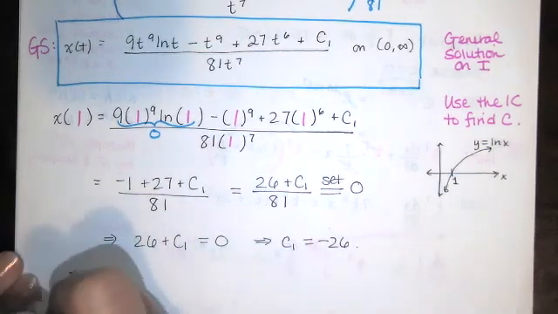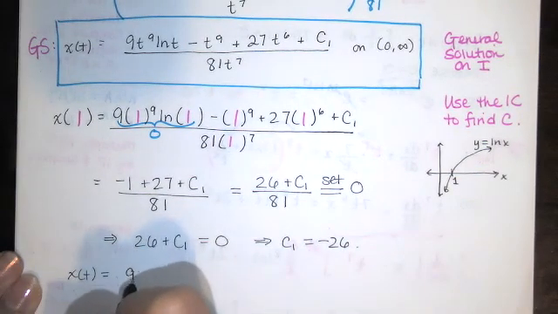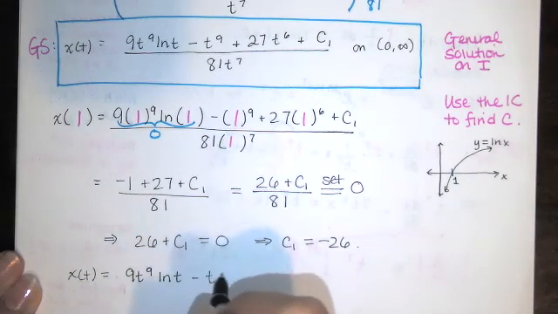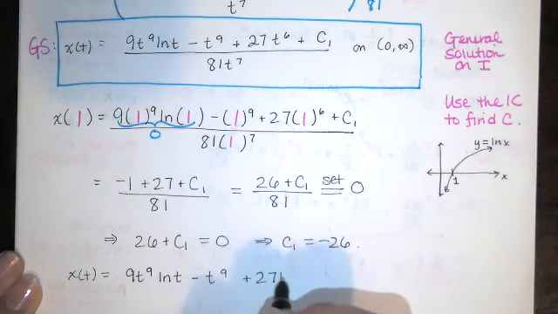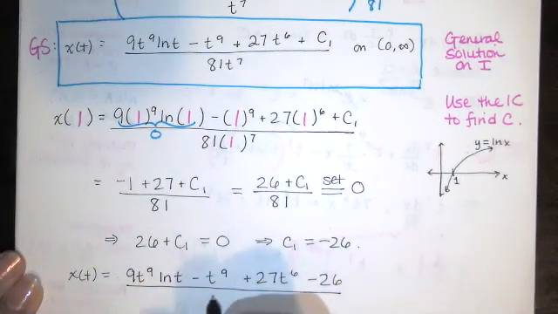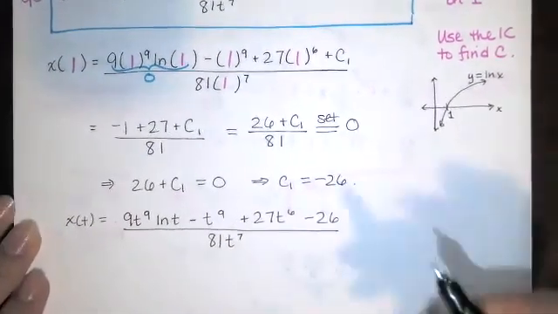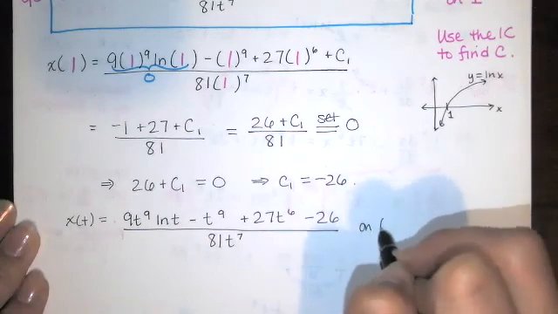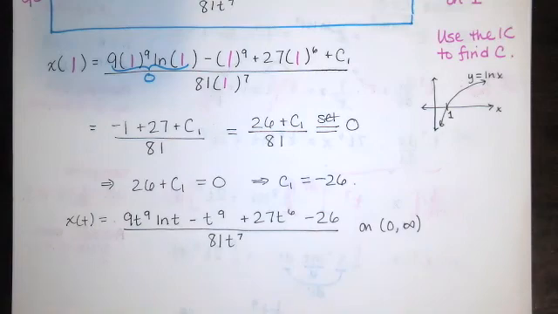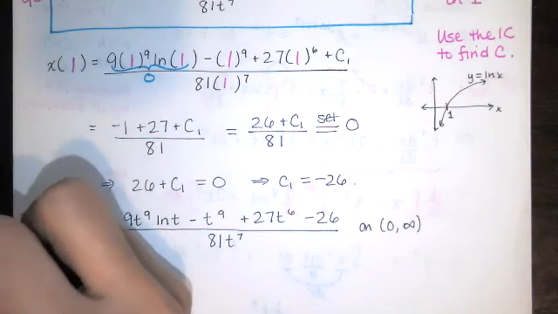Okay. So x of t is 9 t to the 9th times natural log of t minus t to the 9th plus 27 t to the 6th minus 26, all divided by 81 t to the 7th. And that's going to work on the interval from 0 to infinity. So we used the initial condition to find c, and then we state our particular solution.